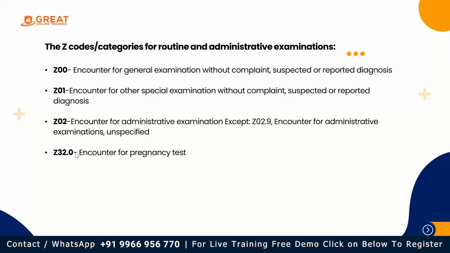And G32.0 encounter for pregnancy test. These are also important codes. G00 for general examination without complaint. G01 other special examination without complaint. G02 encounter for administrative examination and G32 encounter for pregnancy test.